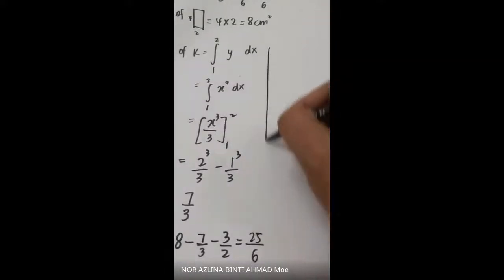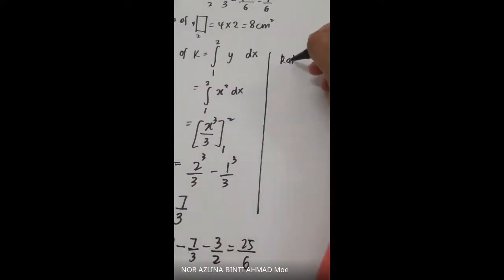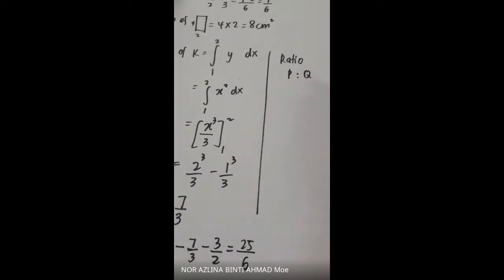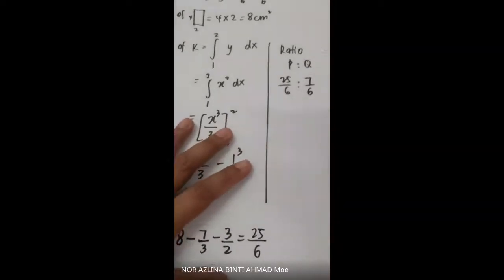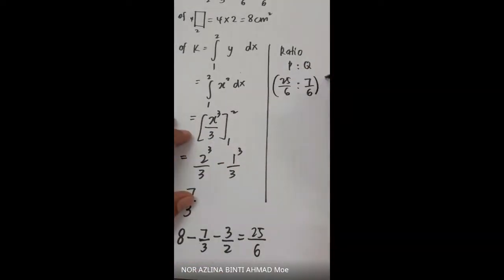So the question 1, ratio P and Q. So P is 25 over 6 and Q is 7 over 6. So we simplify. Both sides we multiply with 6. This is 25 to 7. Can we simplify between 25 and 7?